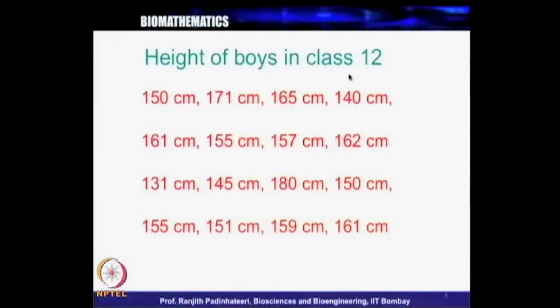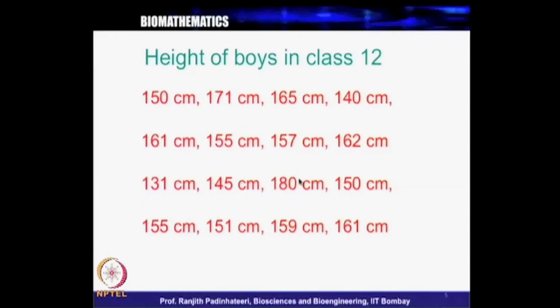Let's see, in your class, if you just look at the numbers, you can have 150 centimeters, 171 centimeters, 165 centimeters, 140 centimeters. So some numbers, these are reasonable numbers. Many of them are around 150, 140, very few 180.